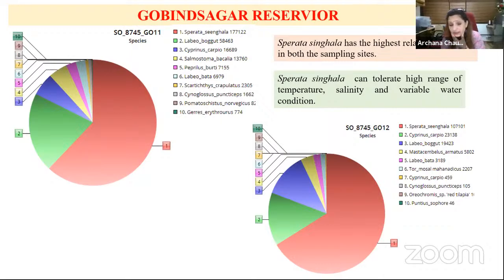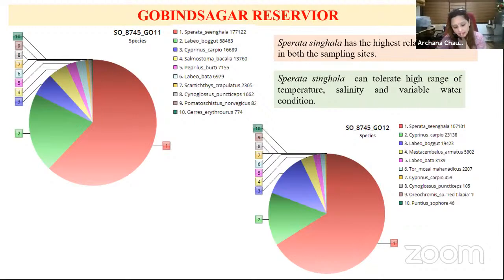Now, the interpretation of this could be many. Though we had taken good care to take 3, sometimes even more than 3 replicates from the sampling site, and the DNA extraction was done very carefully, still there is a possibility that several hypotheses can be there.